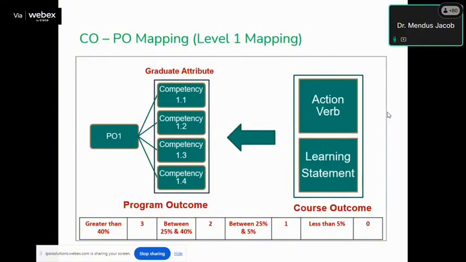So this is the process. This is the philosophy of COPO mapping. But with experience, looking at the CO and PO, you can give the mapping strength. That is not a big problem.